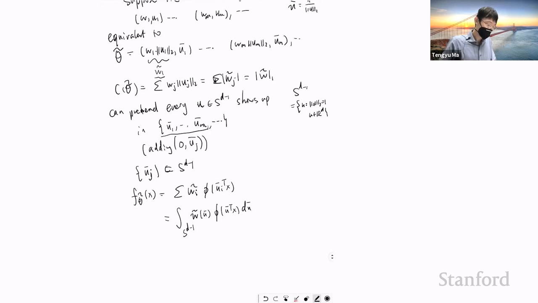Can we have an uncountable number of neurons? So the question is whether we can have an uncountable number of neurons. This is just a concept.